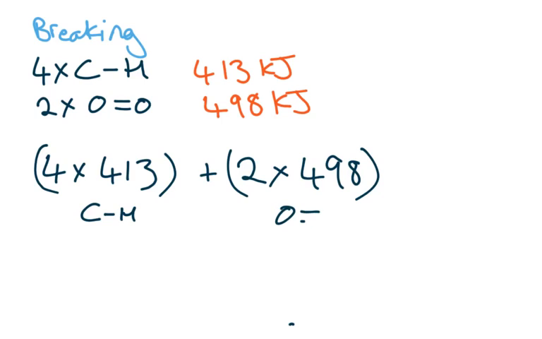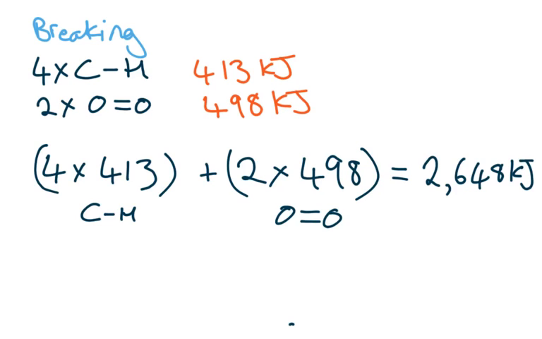And that's my oxygen-oxygen double bonds. Overall, this should give me 2,648 kilojoules of energy. I've multiplied first of all before I've added together, so I've done the brackets first. This is the energy that is needed in order to break the bonds to start the reaction.